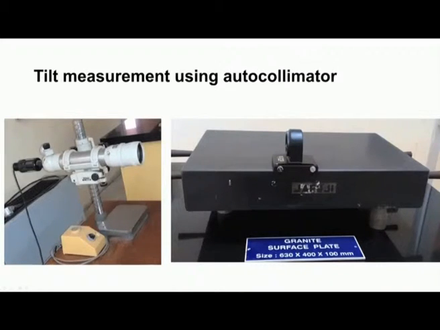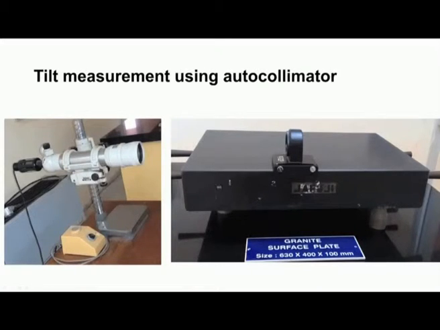We can adjust the height of this tube depending upon the workpiece height, and there is a stabilized voltage supply to light the light source, and then various optical lenses are provided, and there is a viewing eyepiece through which we have to take the readings.